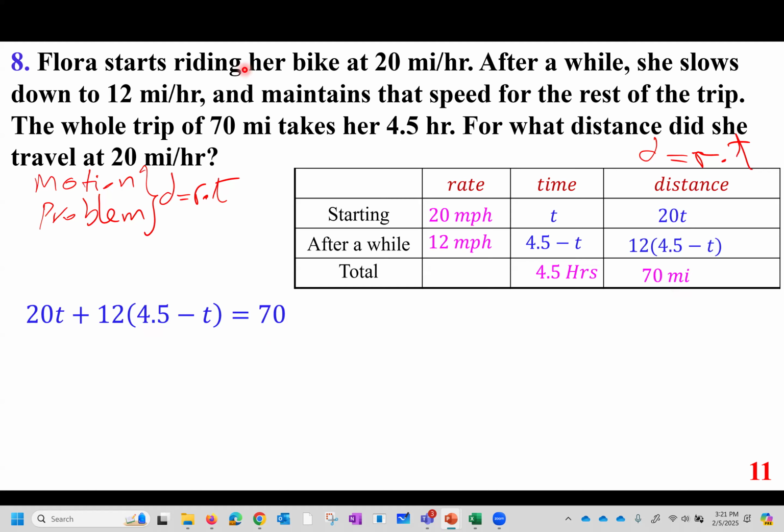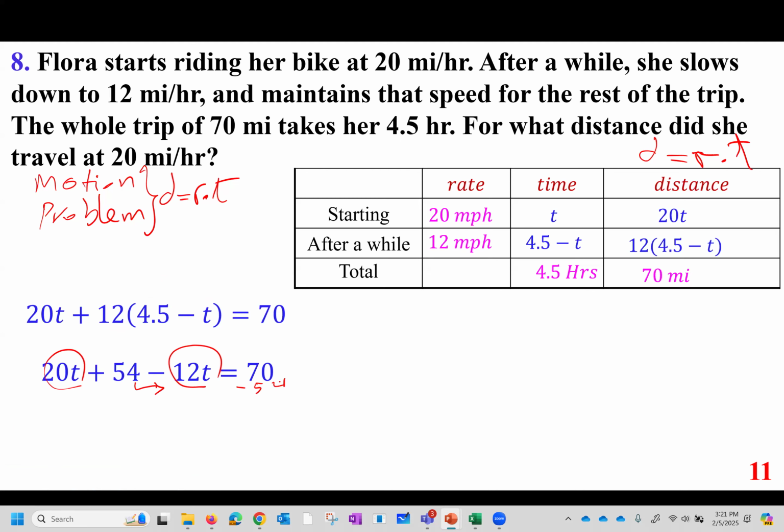So we went over the whole thing, set the table up to be able to come up with this equation. The rest is very simple. So we are going to write 20T, 12 times 4.5, 54, because 12 times 4 is 48, and half of 12 is 6. They add up to 54 minus 12T. And now these two add up to 8T.